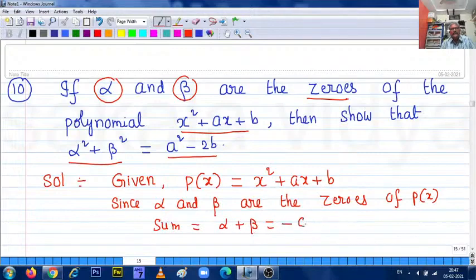That is actually minus coefficient of x by coefficient of x square. This is the original formula. So coefficient of x here is a, but minus there, minus a, upon coefficient of x square 1. So this is minus a, or minus b by a also. B is actually a, which is 1 here, and c becomes b.